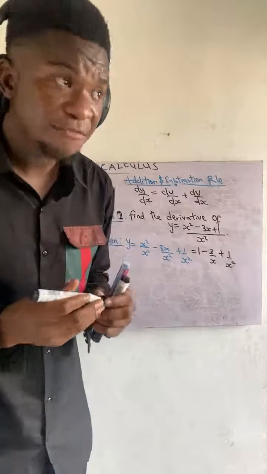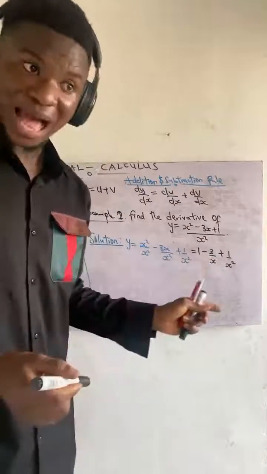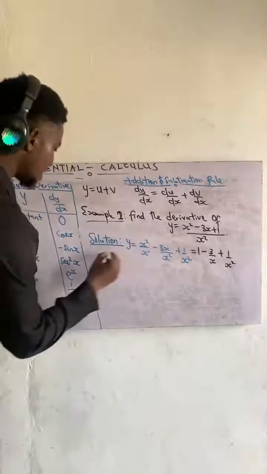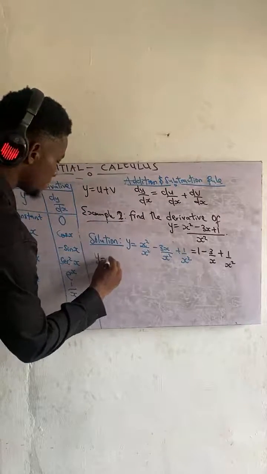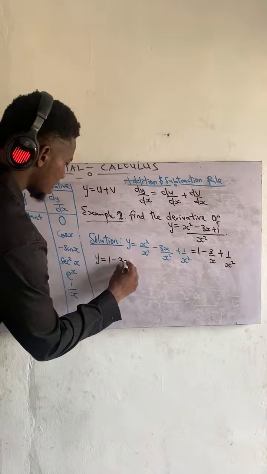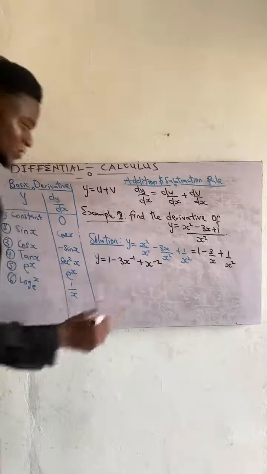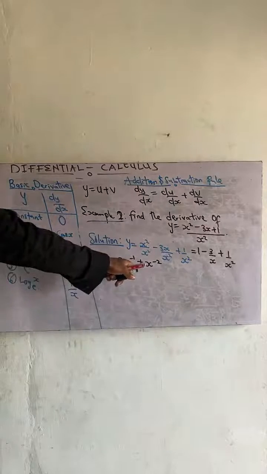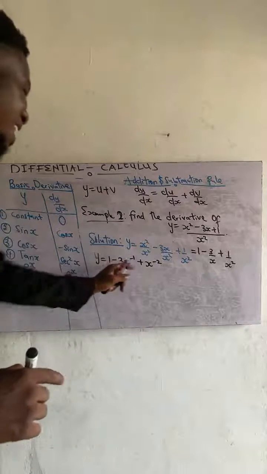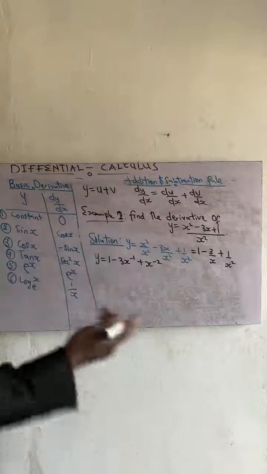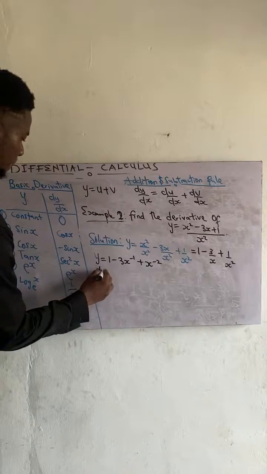Don't forget that if x should go up, the power becomes negative. Therefore, our y would then be 1 minus 3x to the power minus 1 plus x raised to power minus 2. Are you there, guys? Once you are at this point, we can then go for the dy/dx.